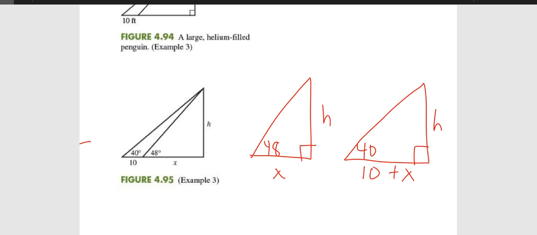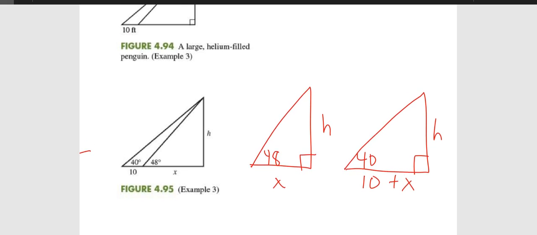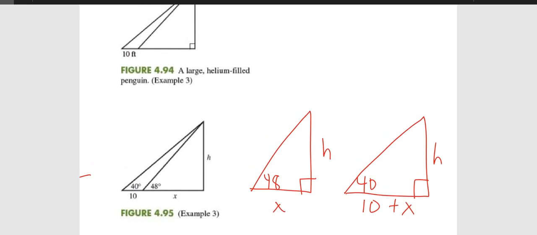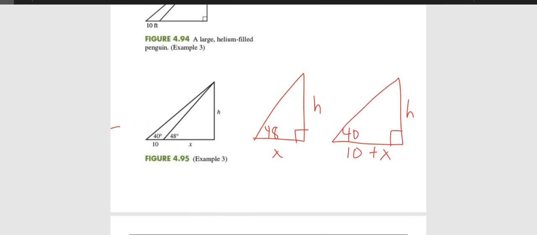Is there any other information, or is there something we can figure out here? Did they give us any other information? Maybe we should look ahead here. Okay.